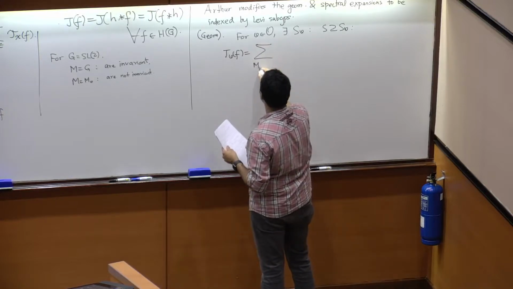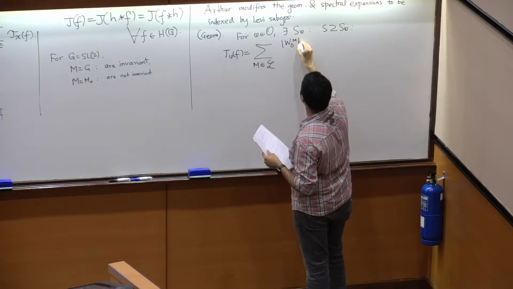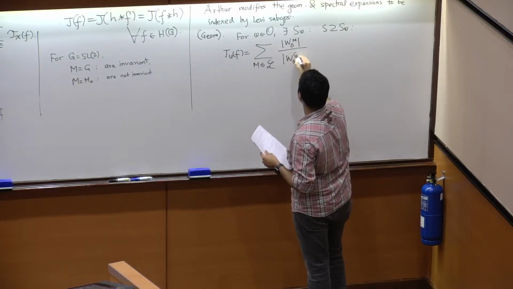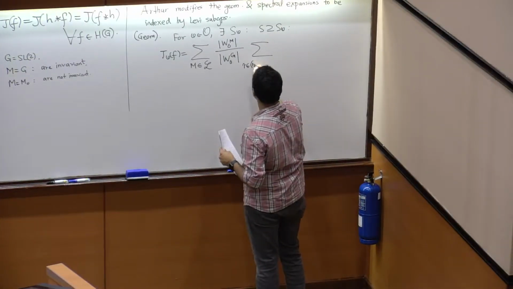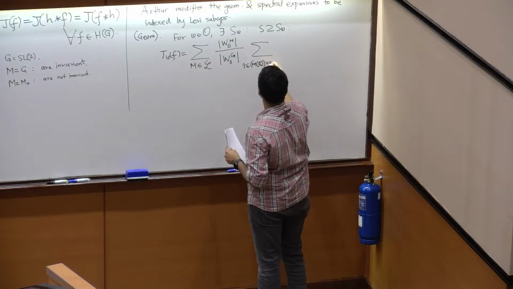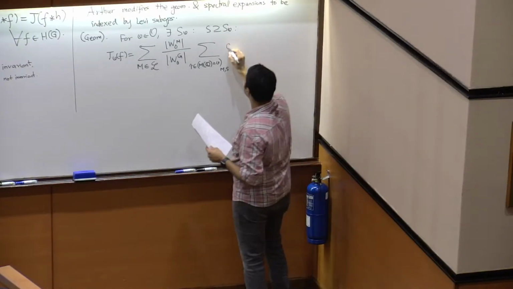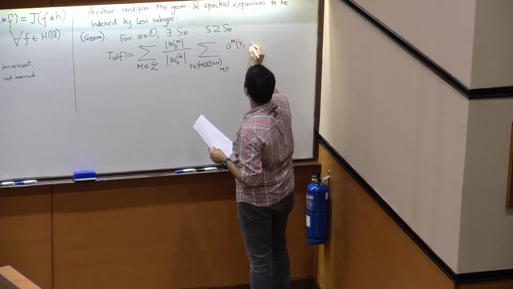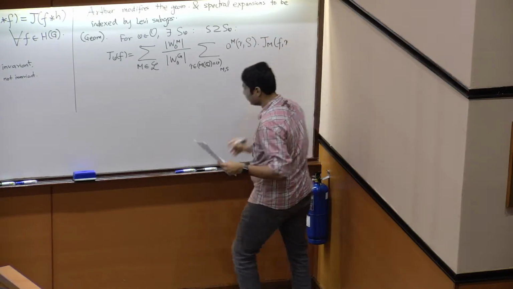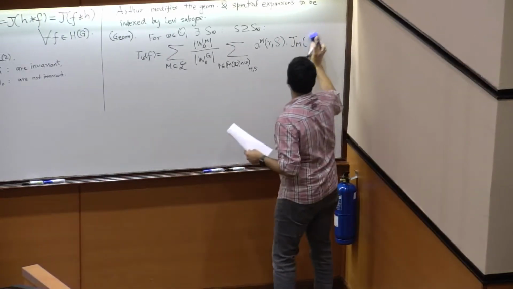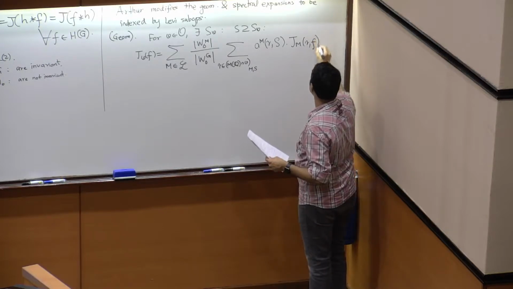It's a sum over standard Levi subgroups M of |W_0^M|, and he defines M_S equivalence classes, and for gamma here you have a_M(gamma, S) times J_M(f, gamma). And we defined these invariant weighted orbital integrals yesterday. So we have this.